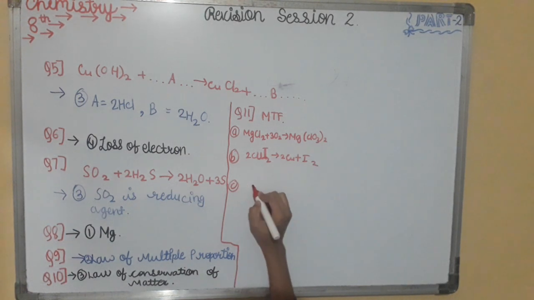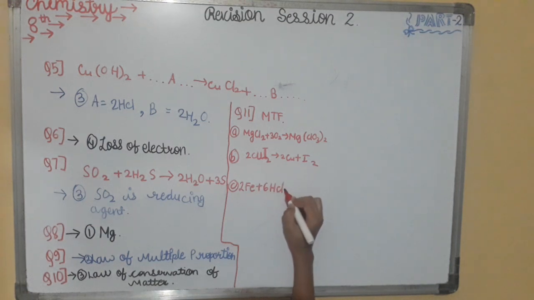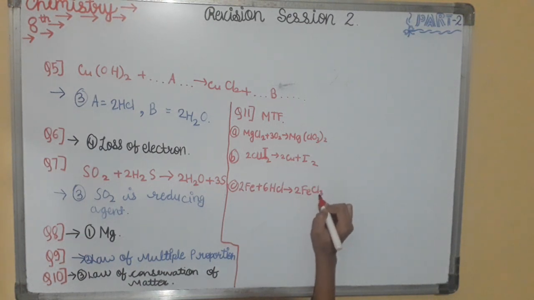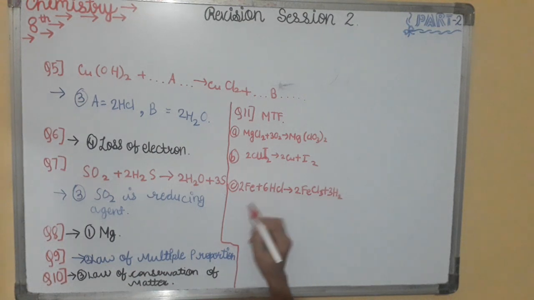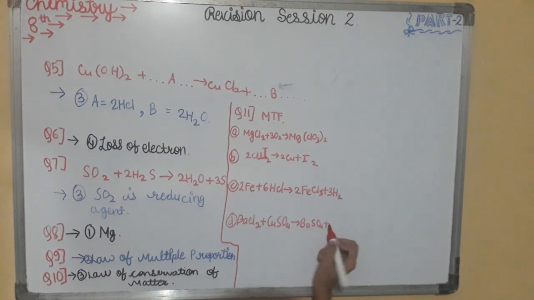Option 3 is 2Fe plus 6HCl gives 2FeCl3 plus 3H2. D is BaCl2 plus CuSO4 gives BaSO4 plus CuCl2.